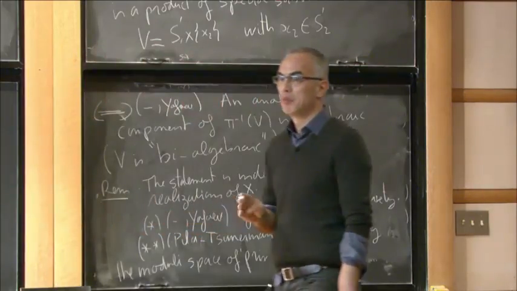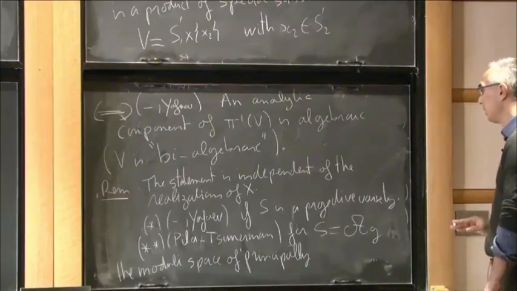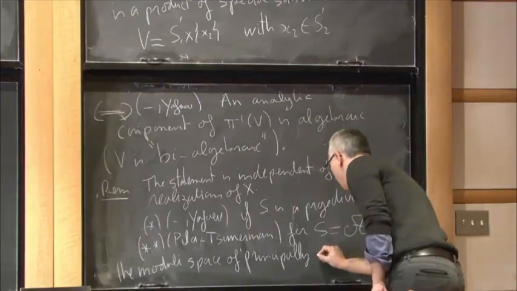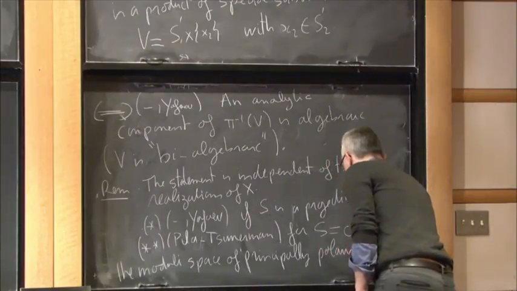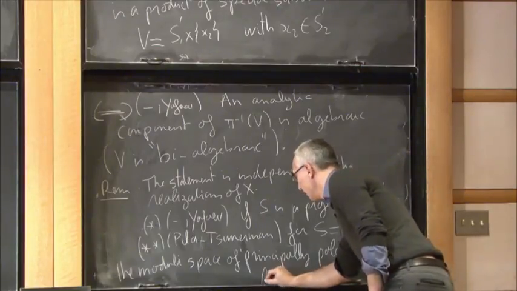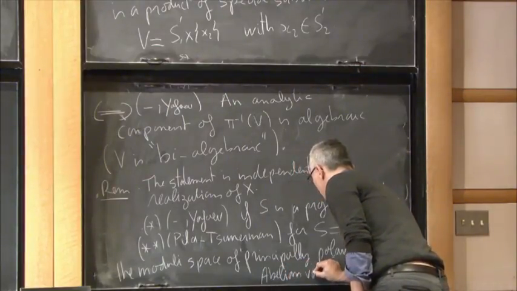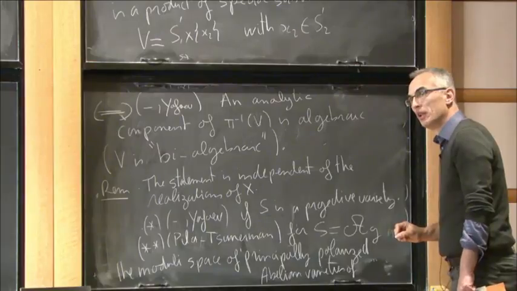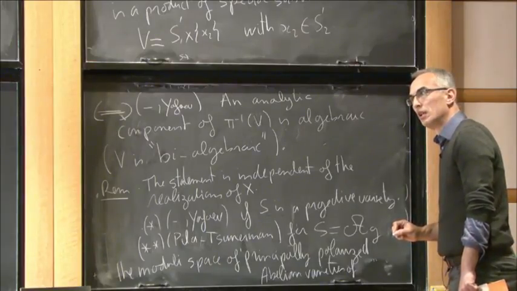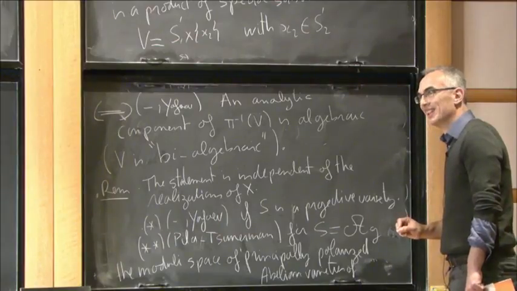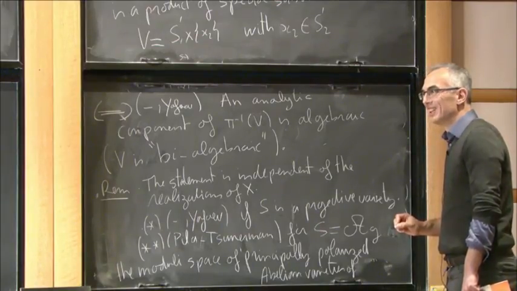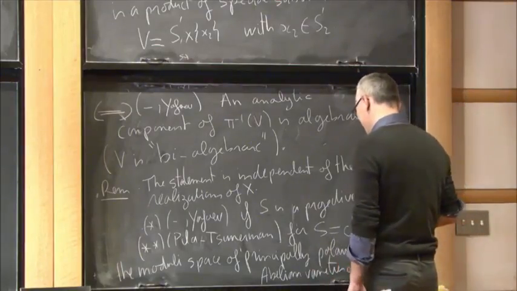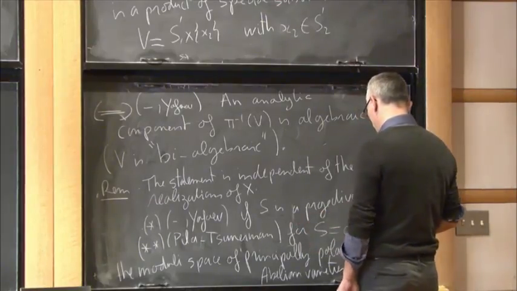But the method is very interesting. Pila's very first work on this did use counting, even in the case of a product of modular curves, since at that point he wasn't quite familiar with X. The moduli space of principally polarized abelian varieties of dimension g.